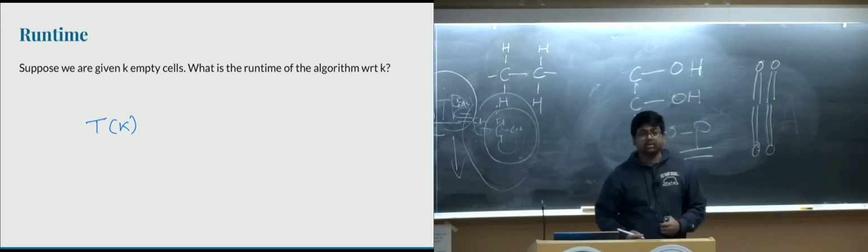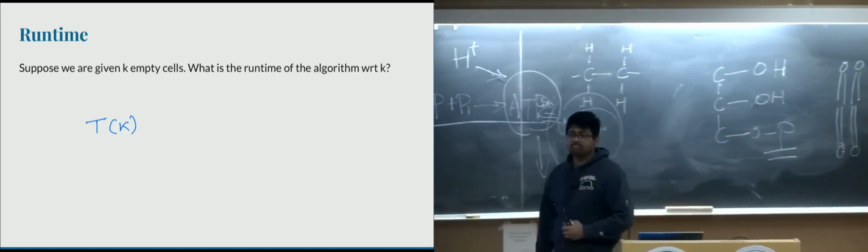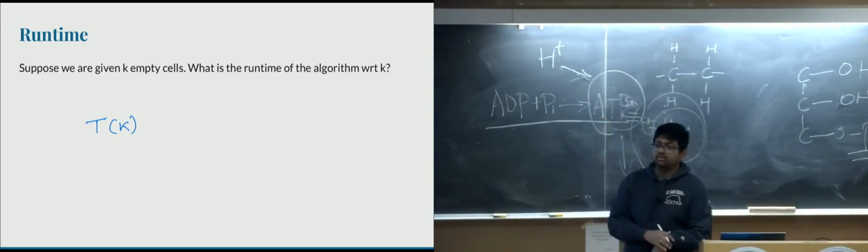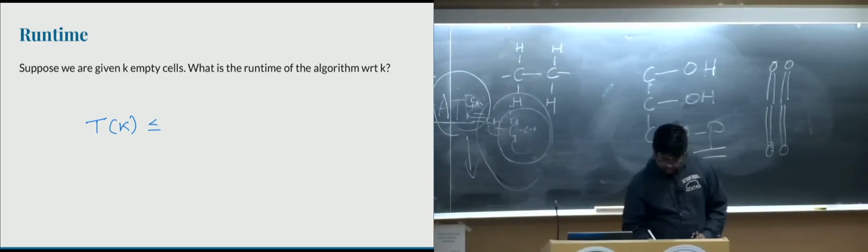What will it be? So for every k, how many recursive calls are you making? Yeah, that's right. So it will be 9 T of k minus 1, right?